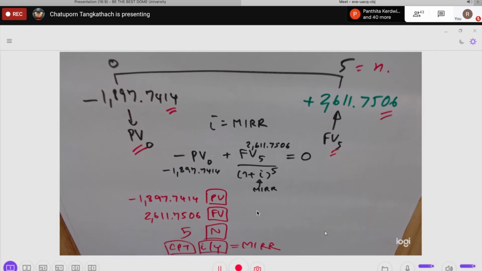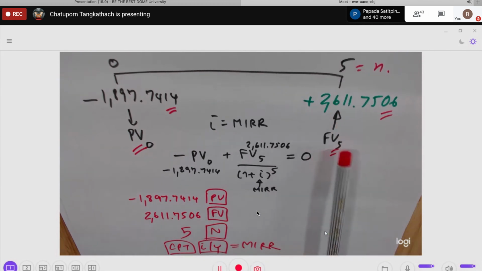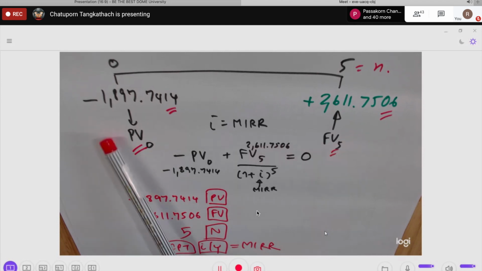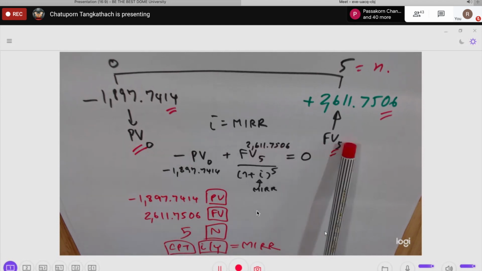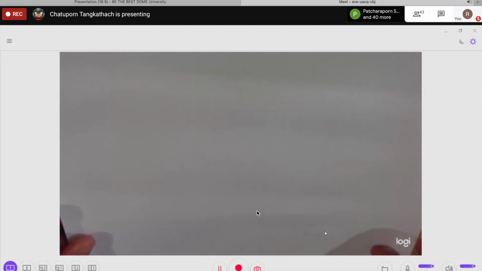All cash inflows must be future value at the end of the project life. 10 years, so this one will be FV10. And you are going to have only 2 amounts, present value and future value.